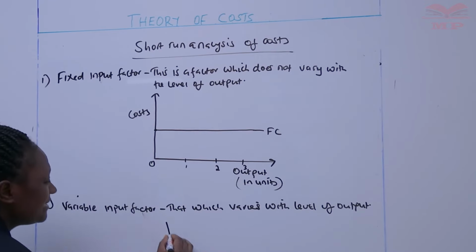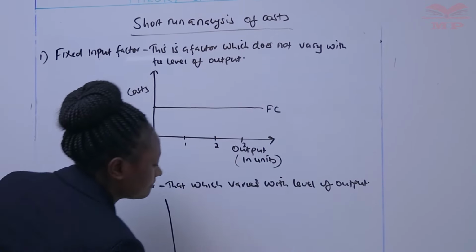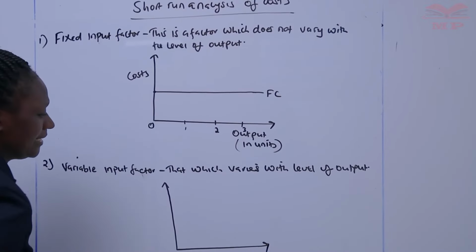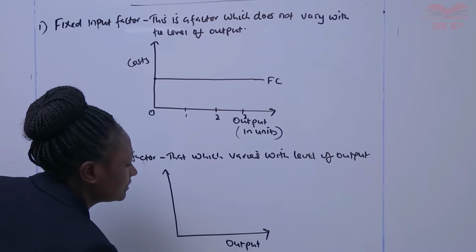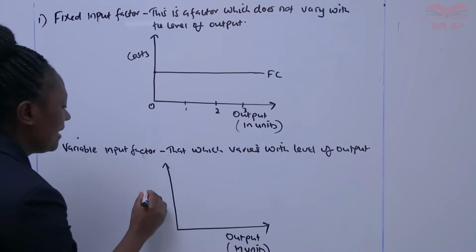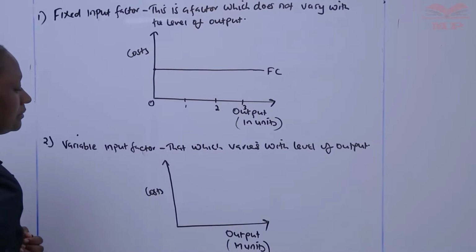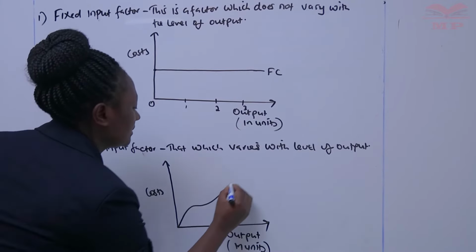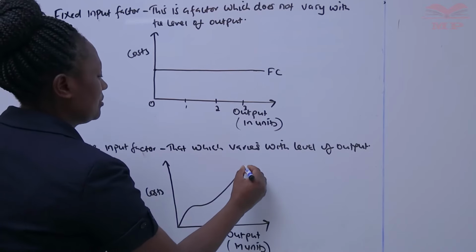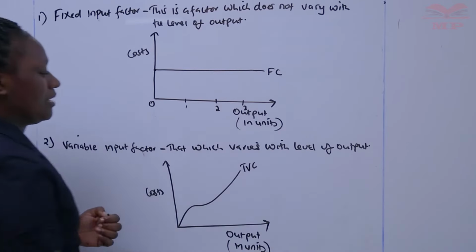So to illustrate this graphically, this is how it will look like. We have output, which is in units, and then we have costs. So a variable factor will look like this. This is total variable cost.